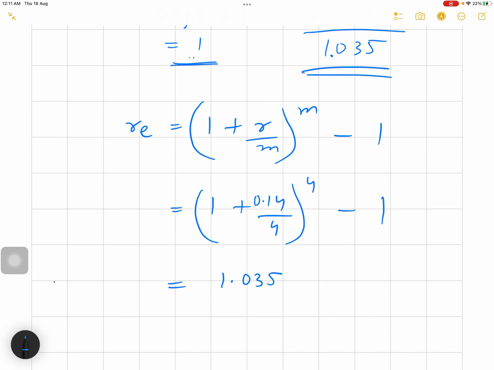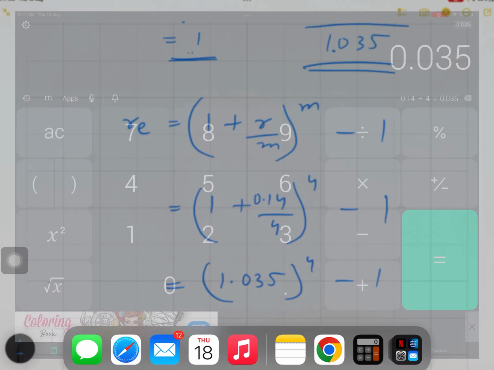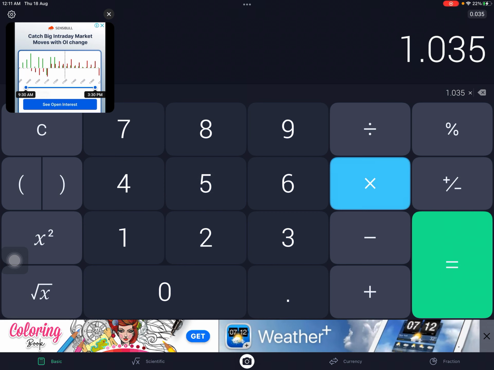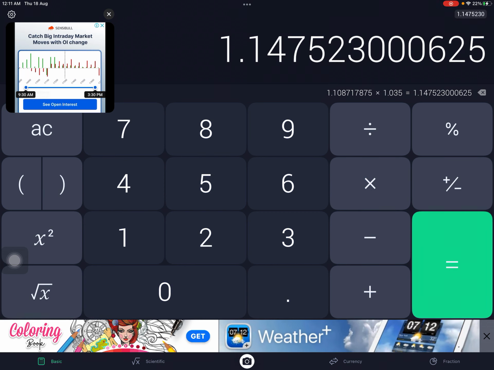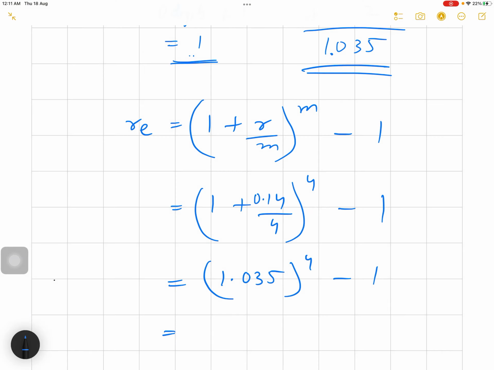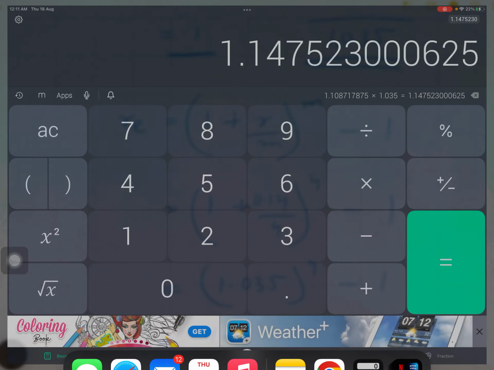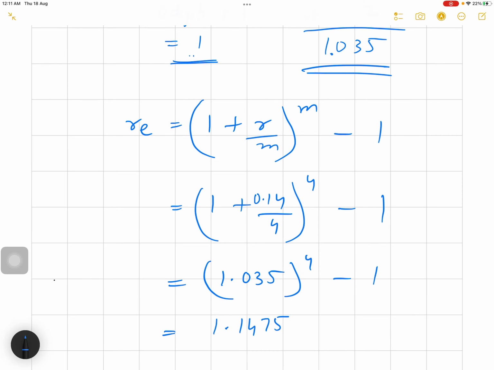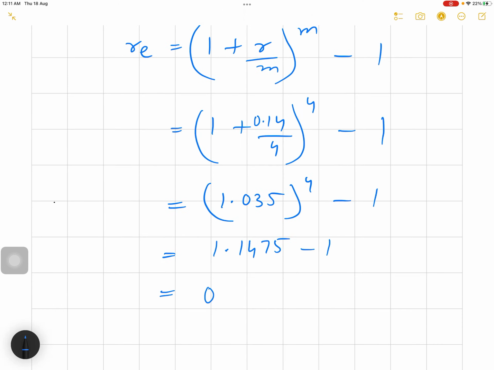So 1.035 raised to 4, minus 1. 1.035 raised to 4 comes to 1.1475. 1.1475 minus 1 is 0.1475, or 14.75%.